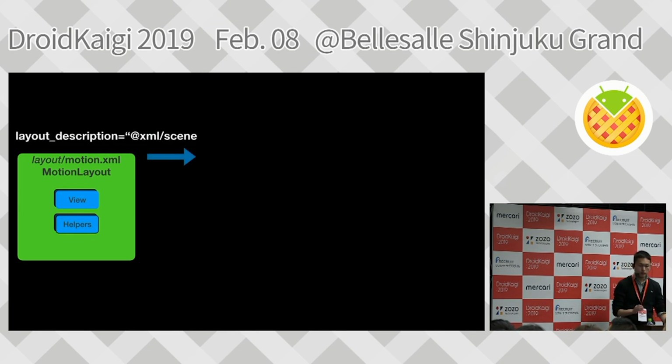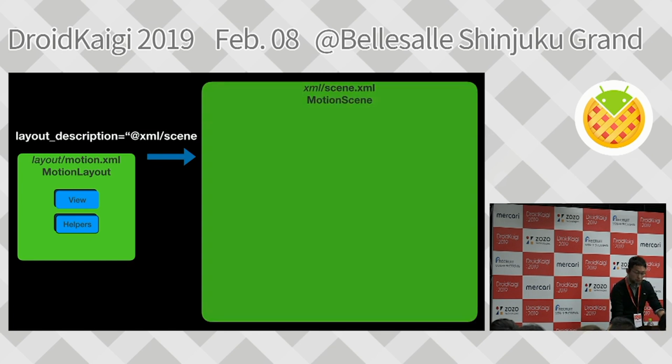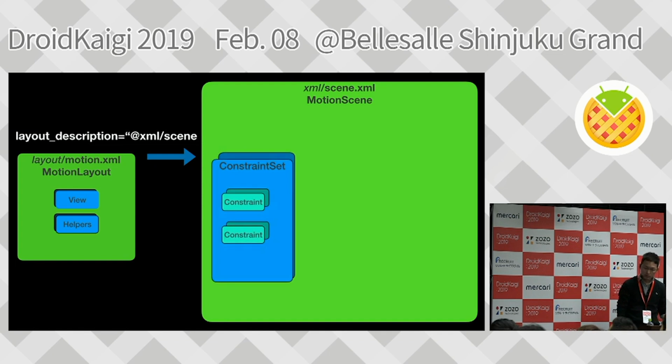And one characteristic of it is that it has a reference to another XML, which is called the motion scene, which is specific to motion layout. And this has some components specific to motion layout, like constraint set.